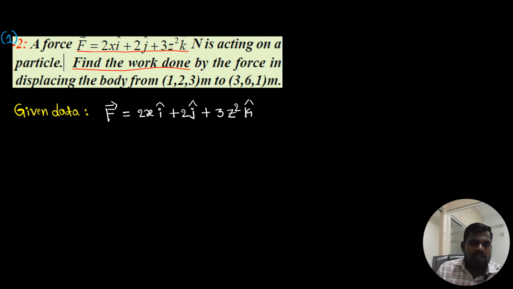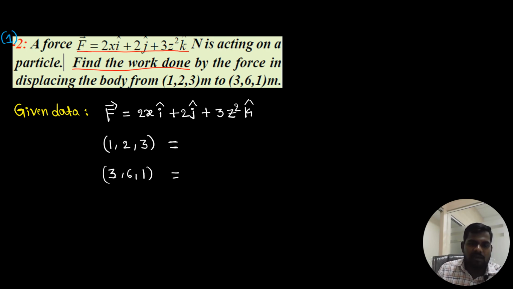Similarly, some points are given. Those points are 1, 2, 3. Second point is given: 3, 6, 1.